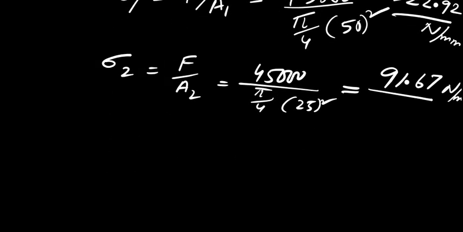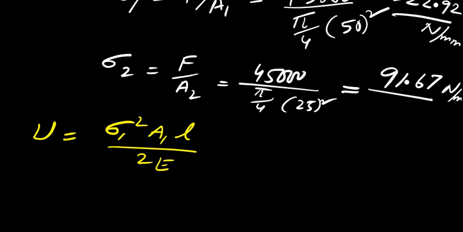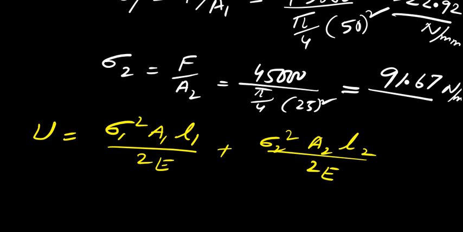So U is equal to 1 by 2E times sigma 1 square A1 L1 plus sigma 2 square A2 L2, with 2E common.